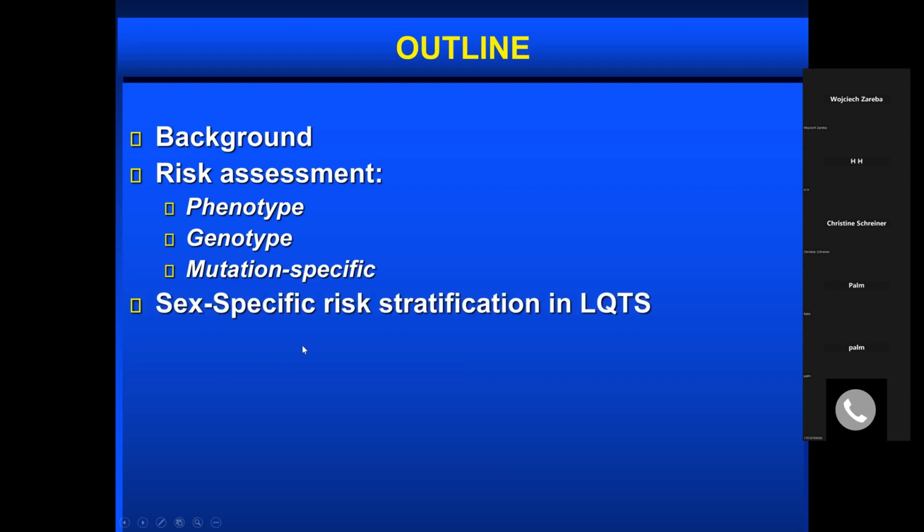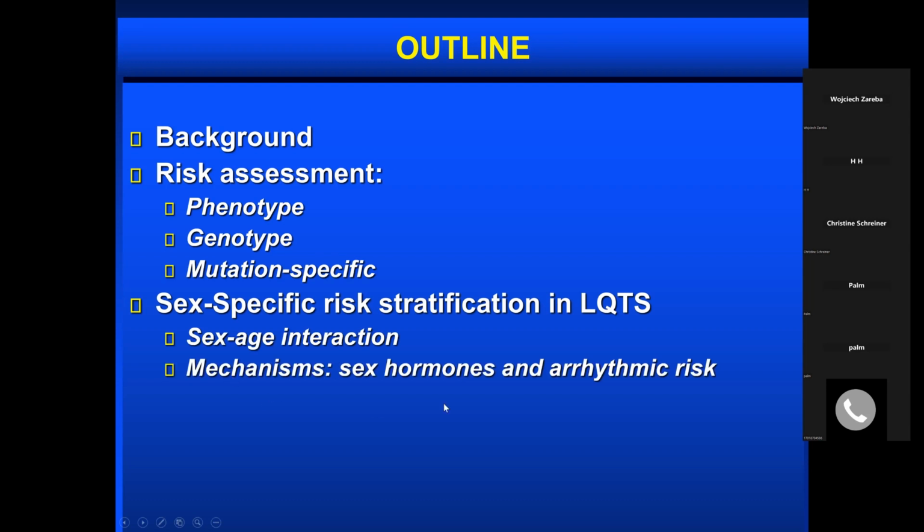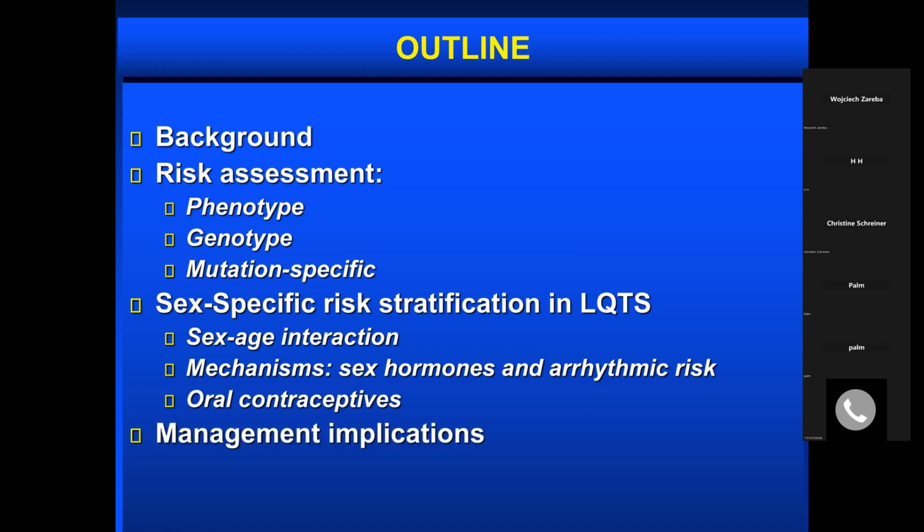Then sex-specific risk stratification in long-QT syndrome, which is very important, how it interacts with age, and possibly the mechanism, how sex hormones affect the risk of arrhythmic events in patients with long-QT syndrome. And Dr. Akhtas is going to focus subsequently on oral contraceptives and which types can be used and what types of LQTS genotypes can be used in this population.